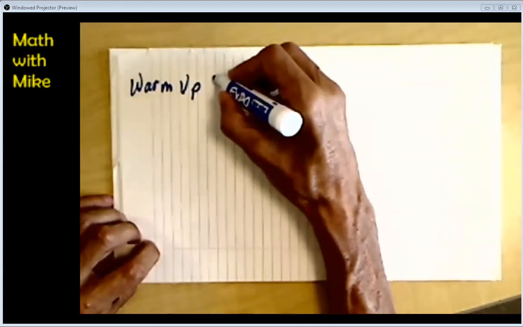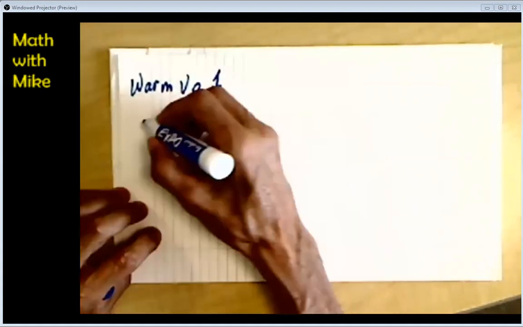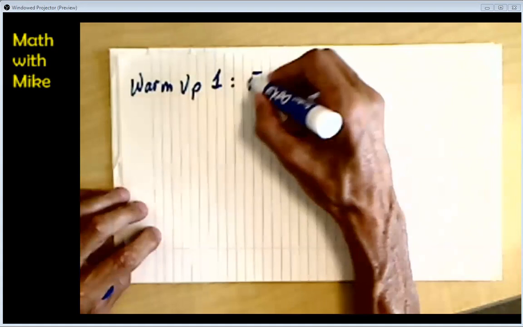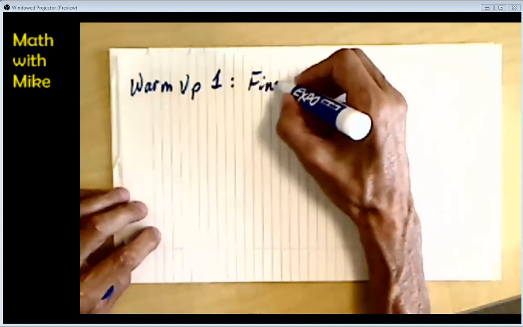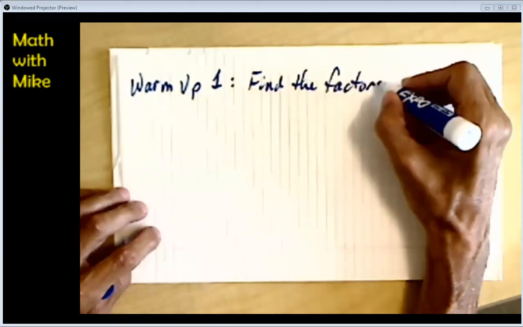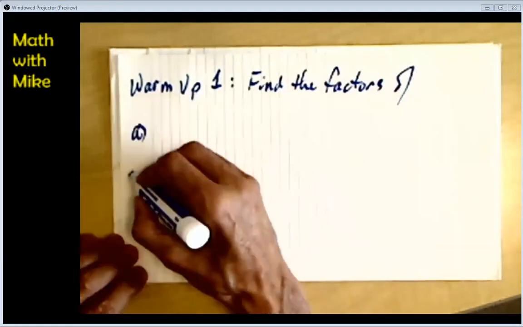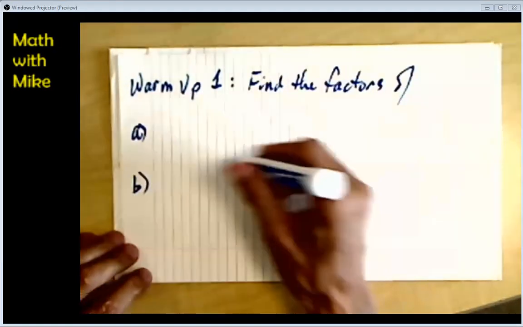This is going to go way back in time. Find the factors of, we'll say, I'll put 3 of them down, or just 2 of them here.